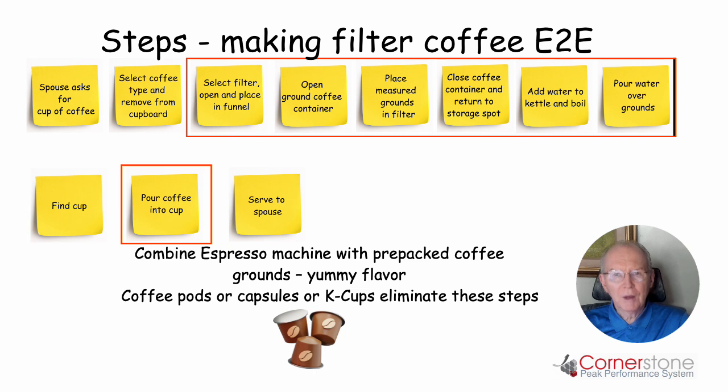The intention was to make better coffee. Here you can see the number of steps that are eliminated by this new system. So combining an espresso machine with pre-packed coffee grounds, they also ended up with this yummy flavor, which was what Eric was trying to achieve. But using coffee pods eliminates these steps.